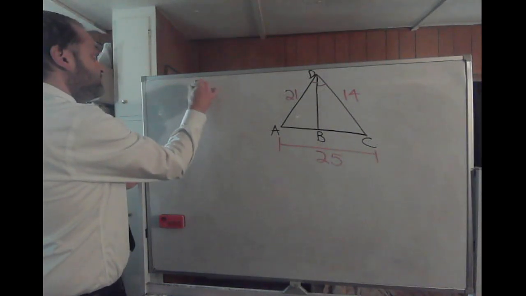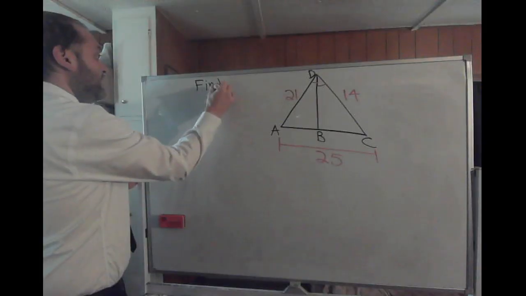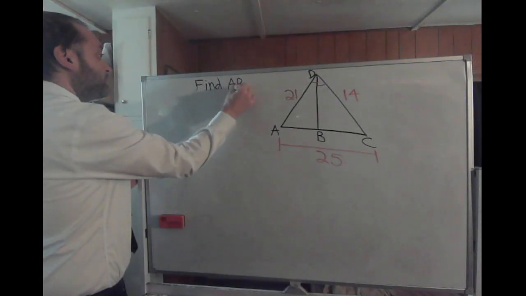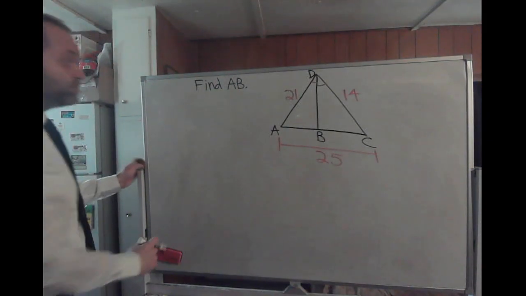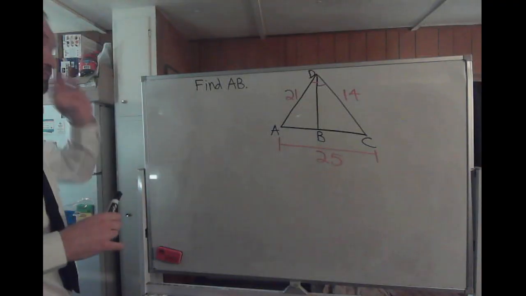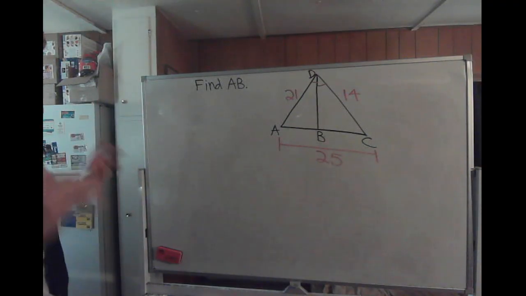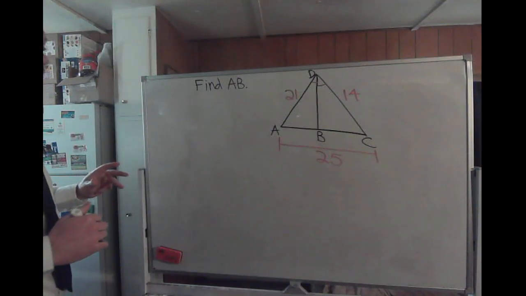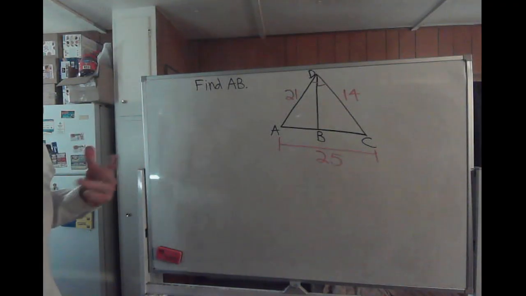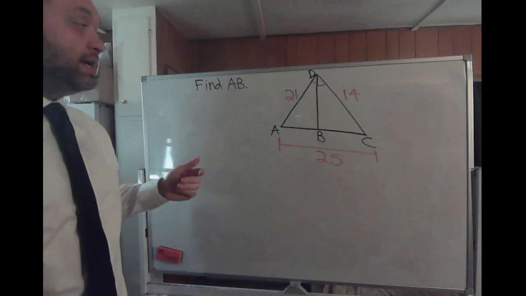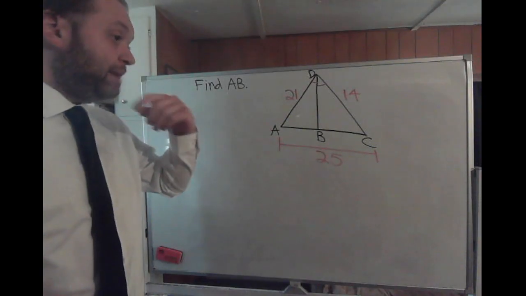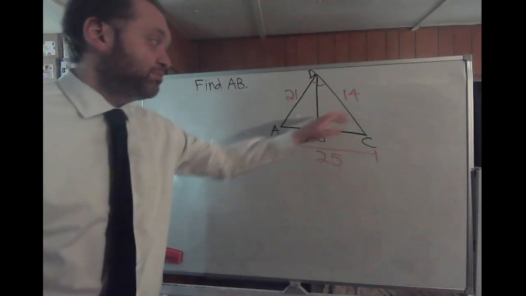We have to find AB. So how in the world are we going to do that? What we're trying to find, of course, is AB, right? According to the Triangle Angle Bisector Theorem, it divides the opposite side and the other sides proportionally.